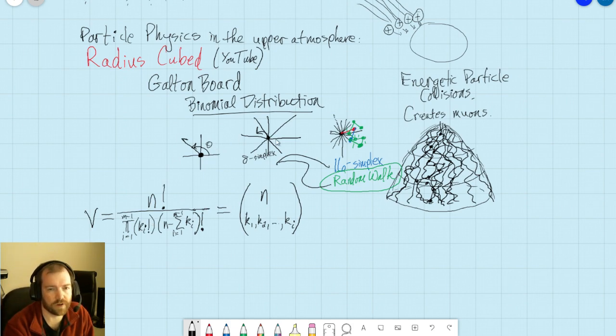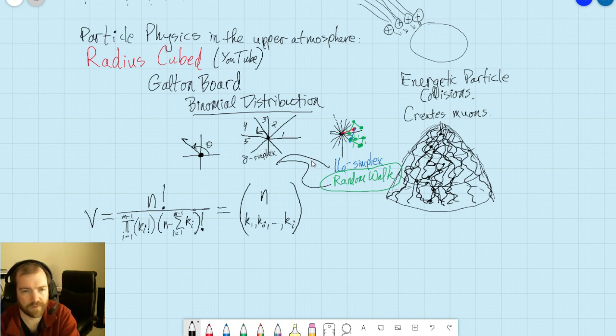If we label these in angular order, 1, 2, 3, 4, 5, 6, 7, and 8, then how many times have we chosen a 1? How many times have we chosen a 2, etc., all the way around this.